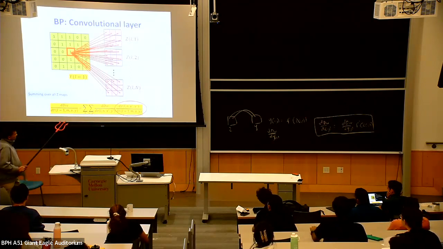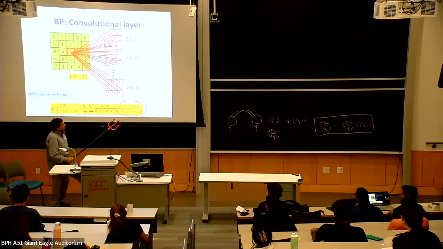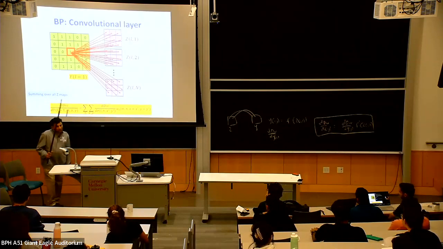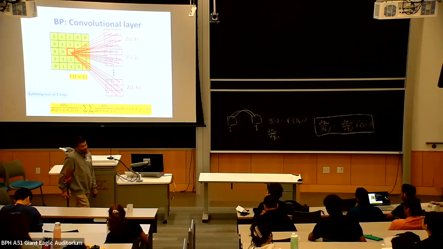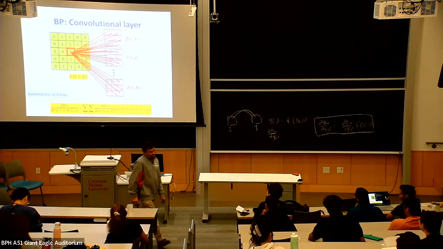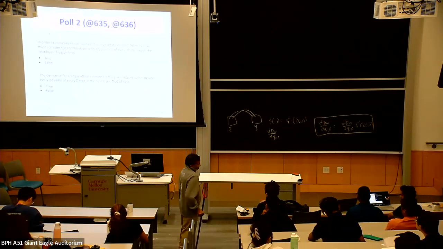And this guy here, what is the derivative of z x prime y prime with respect to y xy? That's just going to be weight x minus x prime, y minus y prime. So you can just plug this formula in, right? And this looks complicated, doesn't it?